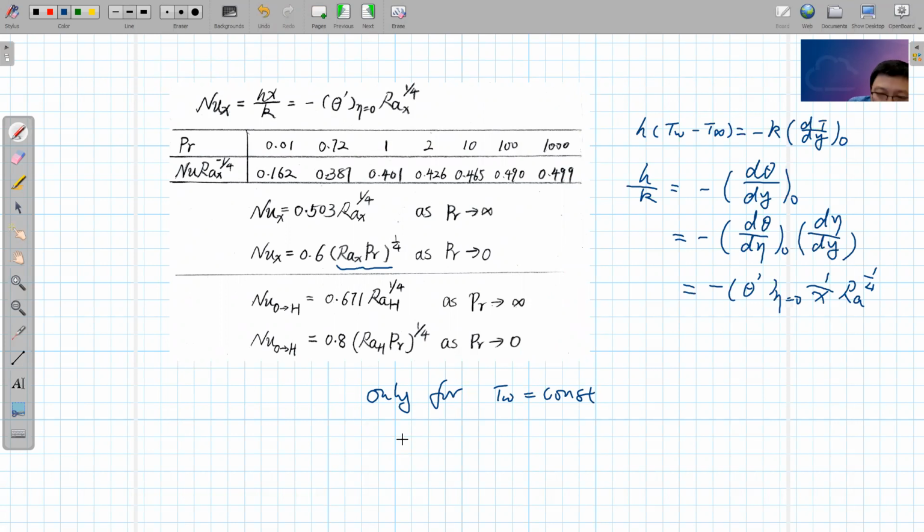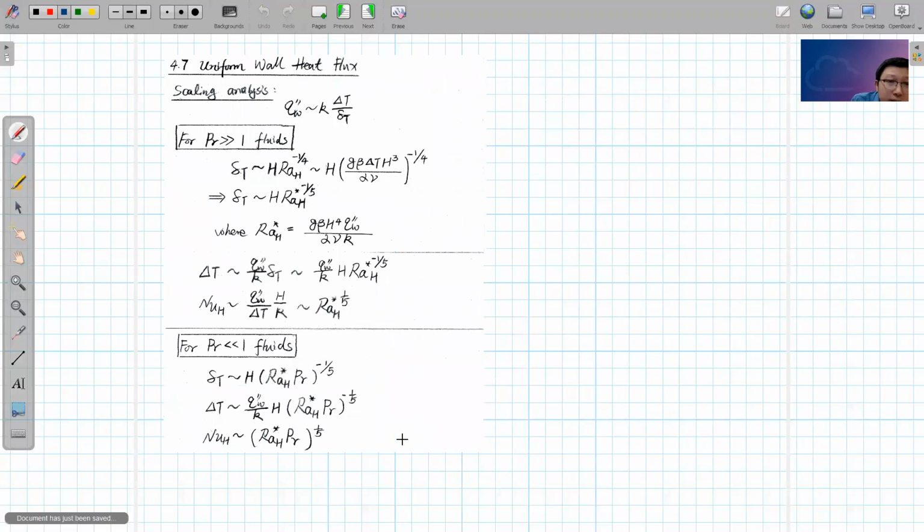So what if we have the constant wall heat flux case? What should we do? How do we obtain the similarity solution? Okay, so this is the last one, the constant wall heat flux case. Again, in this case, we know that the wall heat flux is of order k over delta T, over the boundary layer thickness.